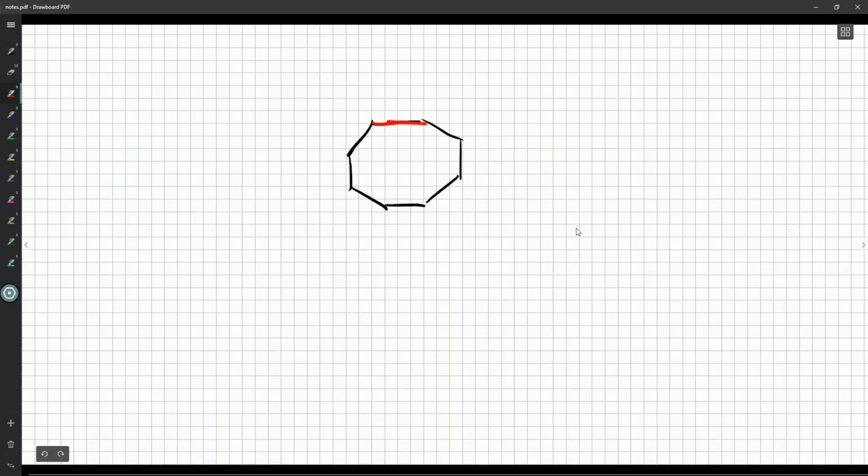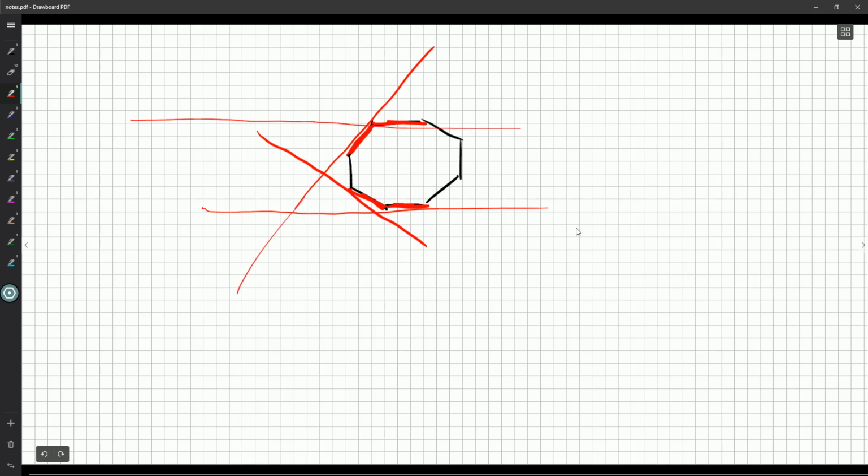I had 2 opposite sides, and then I guess 2 on the same side. I'm not really seeing a quadrilateral that's enclosed here.